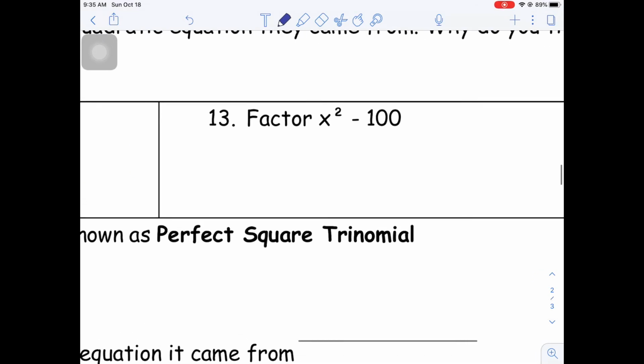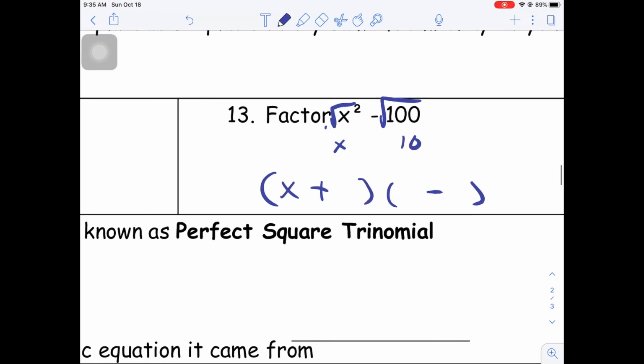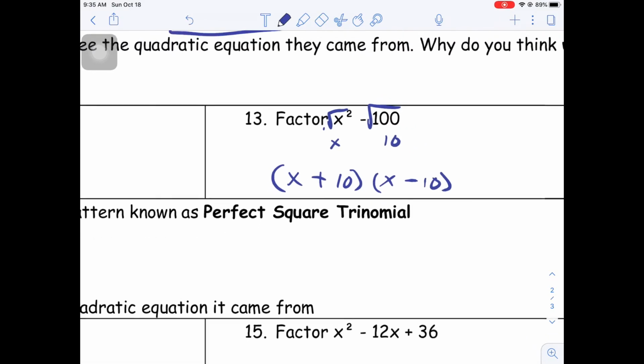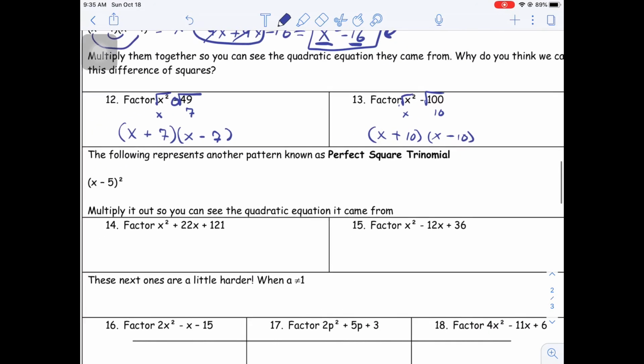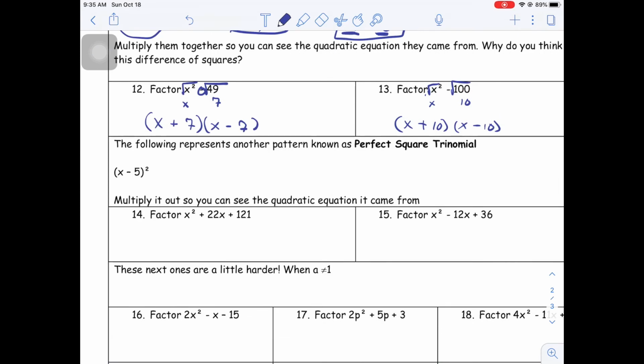Number 13, factor. Square root the front, square root the back, so x and 10. Positive, negative always. X in the front, 10s in the back. Okay, that is literally difference of squares. So easy, right? All right, the next one is called our perfect square trinomials.